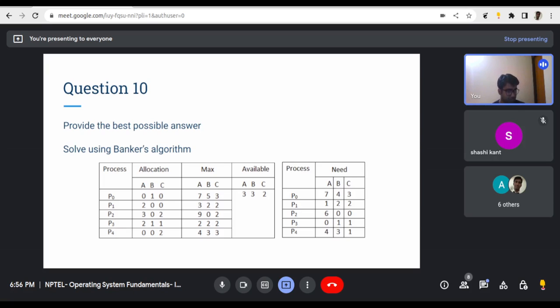Is need less than what for P3? Waiting for answers.